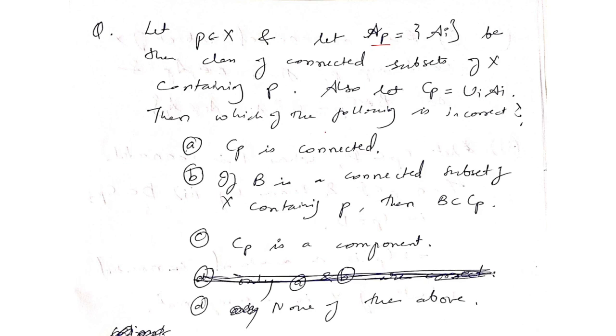Then which of the following is incorrect? You need to find which of the following statements is incorrect. Is it option A, C_p is connected, or option B, if B is a connected subset of X containing p then B is a subset of C_p, or option C, C_p is a component, or option D, none of the above? So let me know which of these options is incorrect.